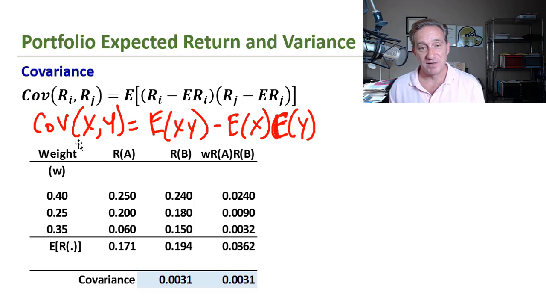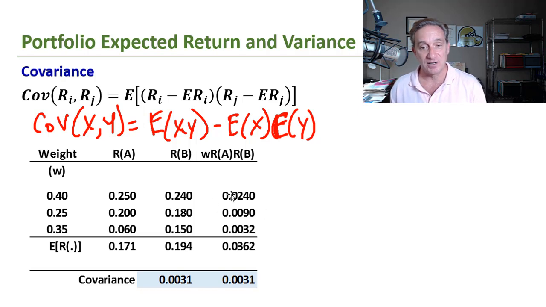So what do I have there? Well, in simple English, the covariance between x and y is the expectation of their product minus the product of their expectations. So that's very interesting.